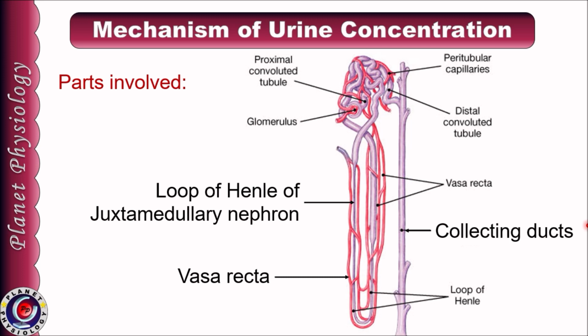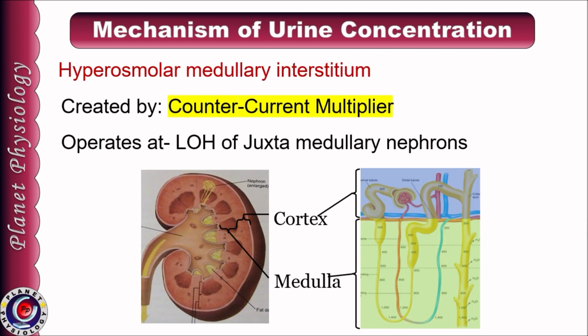The first step in urine concentration is creation of hyperosmolar medullary interstitium, and it is created by countercurrent multiplier mechanism which is operated at long loops of Henle of juxtamedullary nephrons.